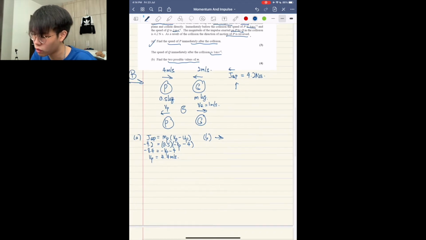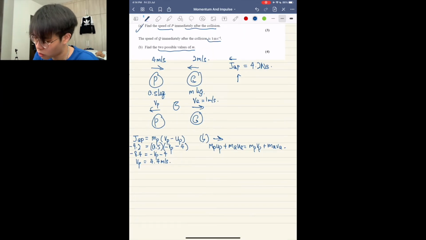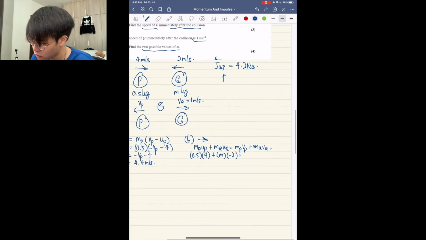If Q is going to the right, then VQ is positive. Here we use conservation of momentum and sub all the values in. 0.5 times 4 plus m_Q, which is m. P is going to the left, so we must put minus in it.